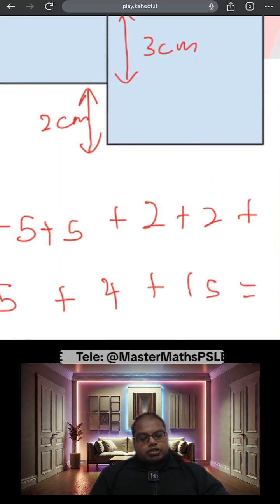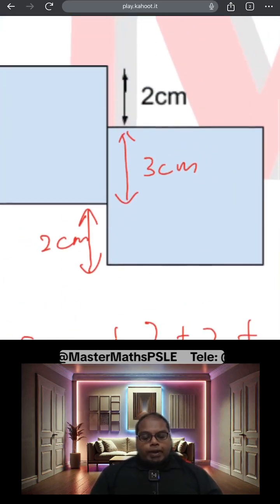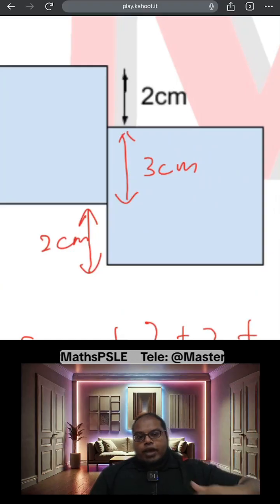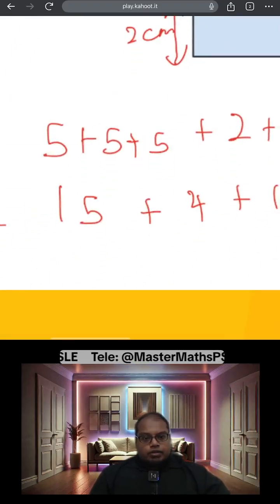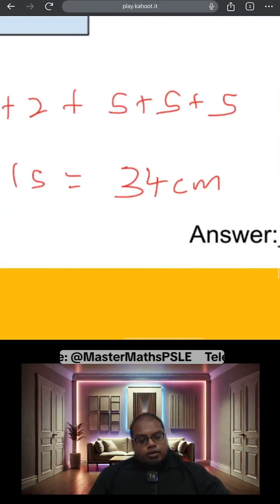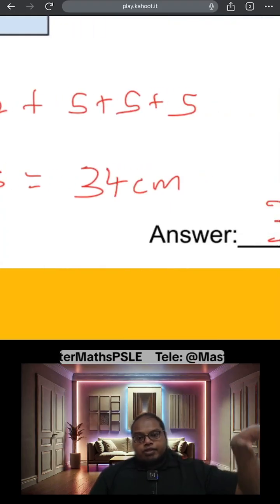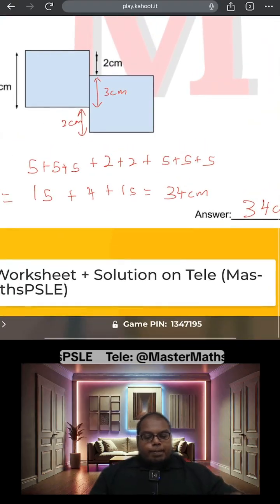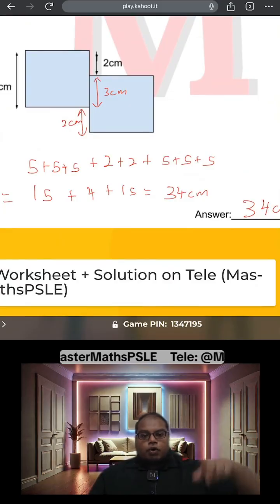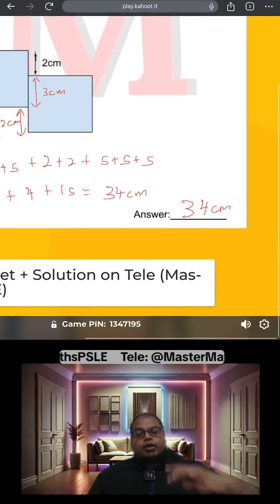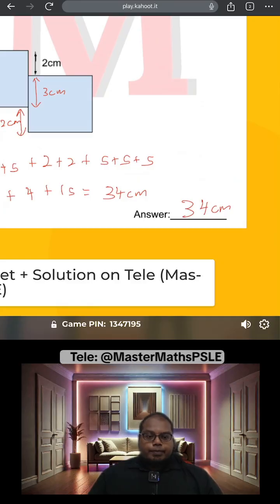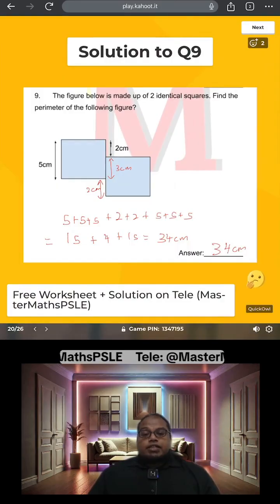That's why there's this plus 2 plus 2. Followed by the 3 sides of the square on the right side. That's why we got another plus 5 plus 5 plus 5. Eventually, when I add the 5s and the 2s together, we got 15 plus 4 plus 15, and 34 cm. So the answer is 34 cm.